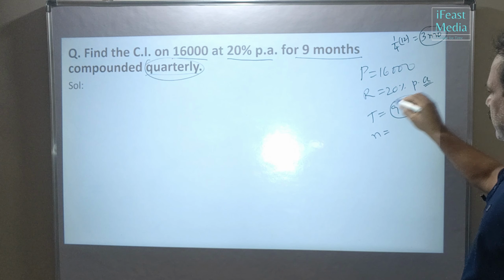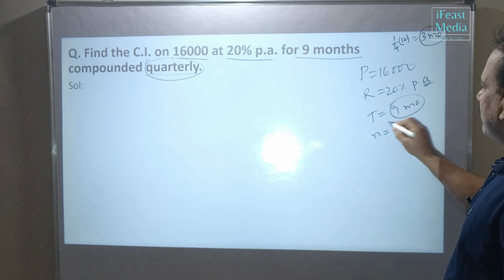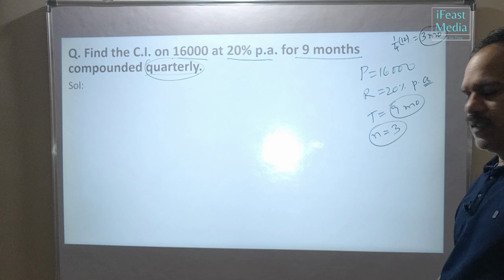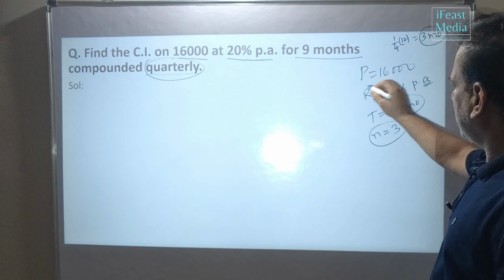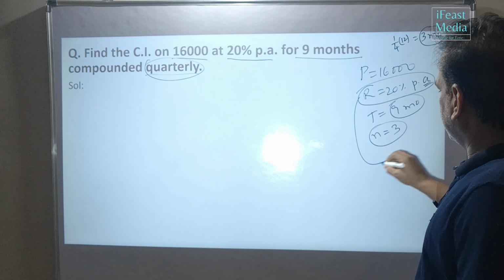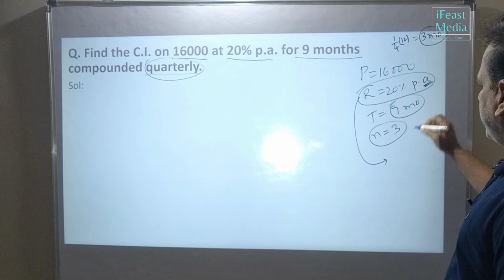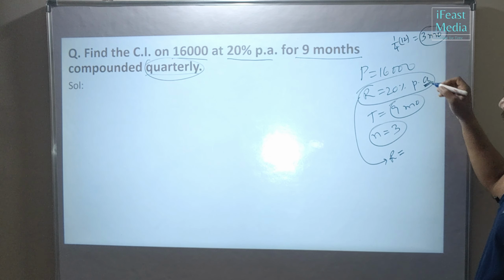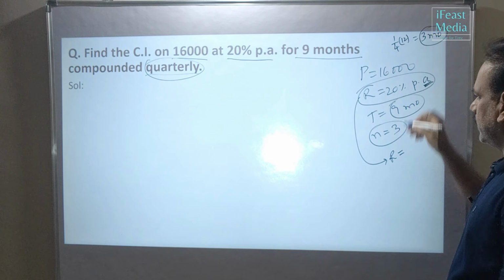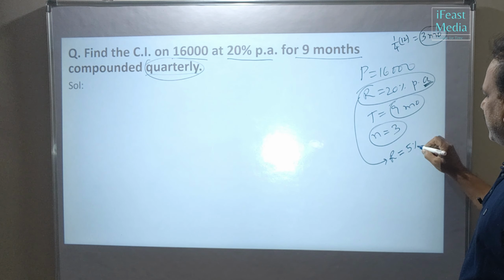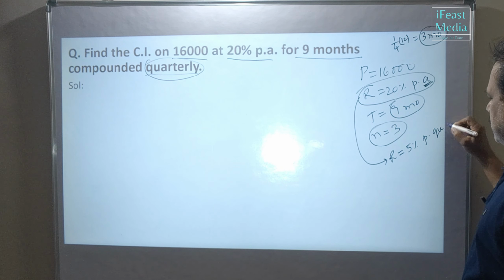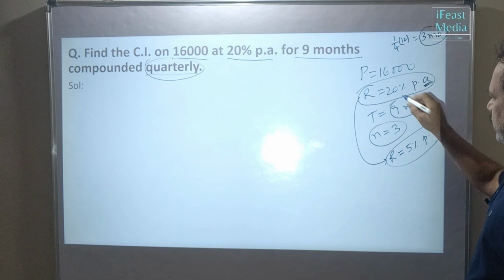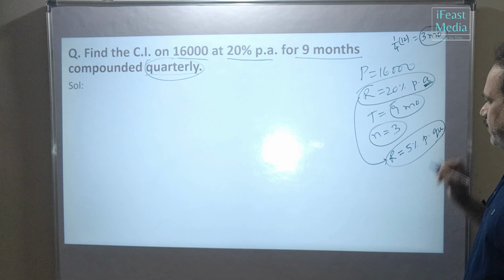So in 9 months, how many quarters are there? 3 quarters are there. So n equal to 3. And we should reduce R also from annum to quarter. So what is the rate of interest per quarter? Per quarter means you have to divide it by 4. 20 by 4 is 5% per quarter. 20% per annum is the same as 5% per quarter.